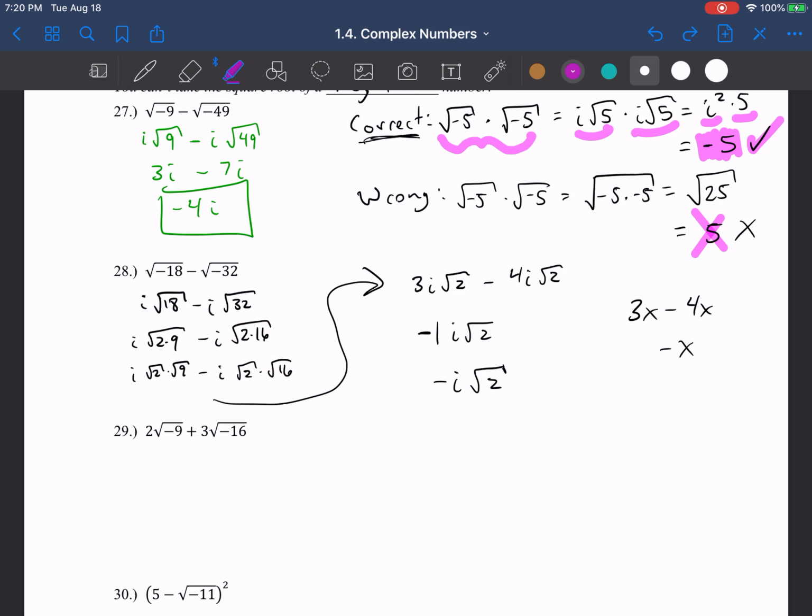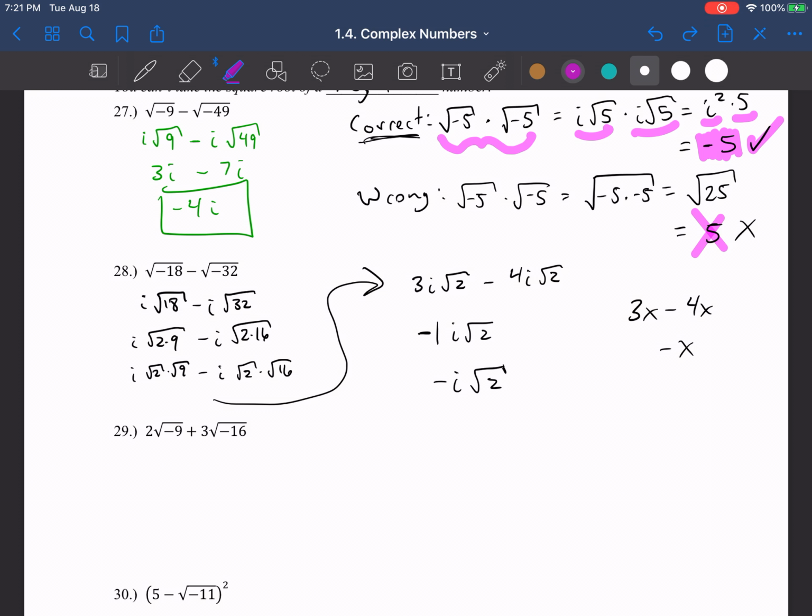So if we come over to here, we end up with square root of 9 is 3, so we get 3i times the square root of 2 minus 4i times the square root of 2, which means these are all the same, and essentially what we can do is go ahead and combine them.